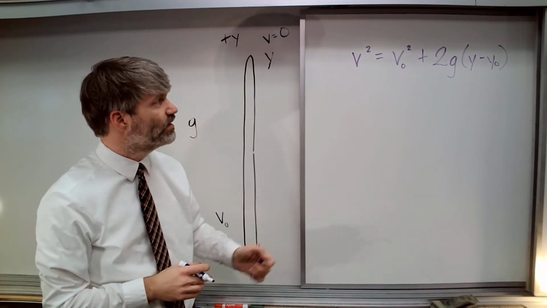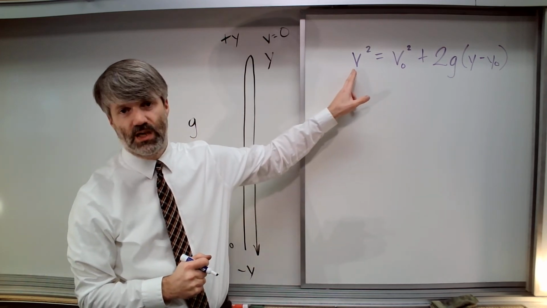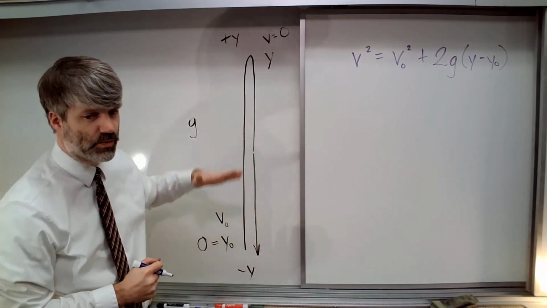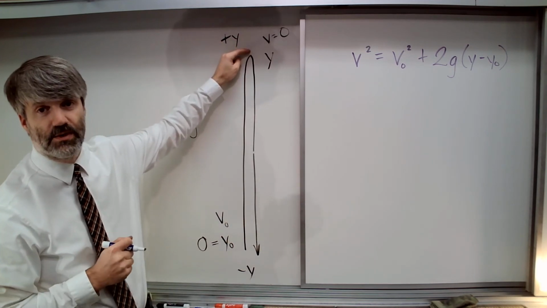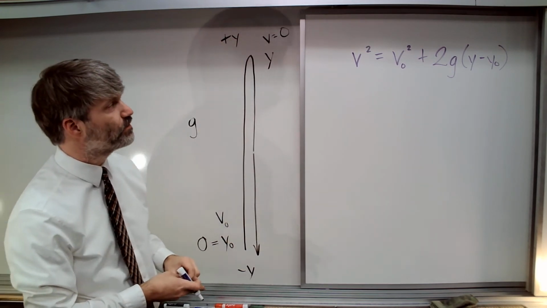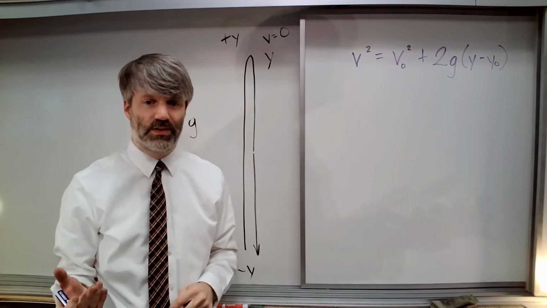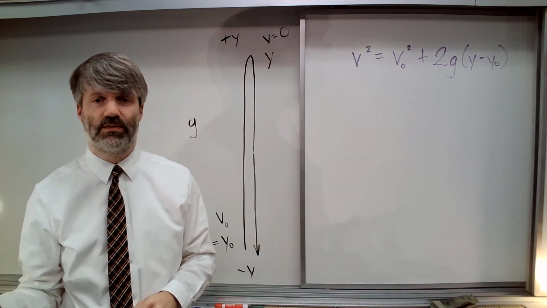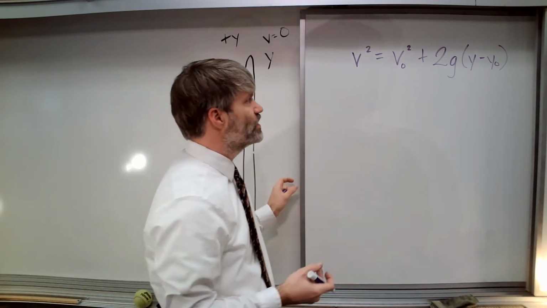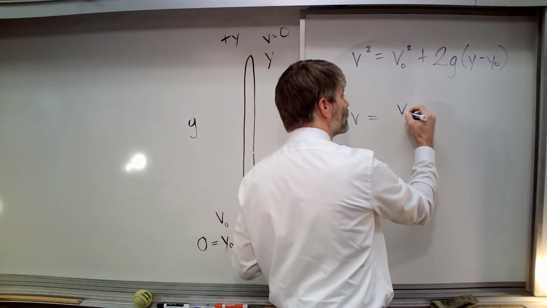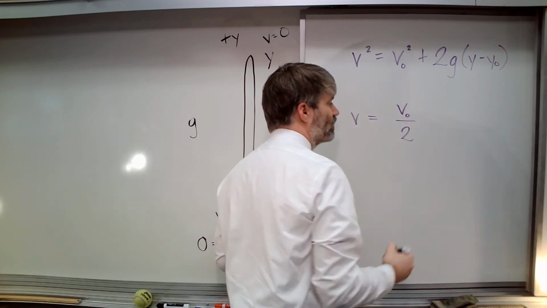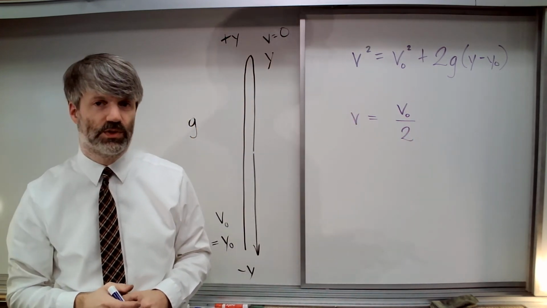We're going to start there. Now, this time we can't say that v is equal to 0 because we are at some point not at the apex, not at the maximum height. But what we do know about v is that it has to be 1/2 of the original speed. So we can also say that v is 1/2 of the original speed.